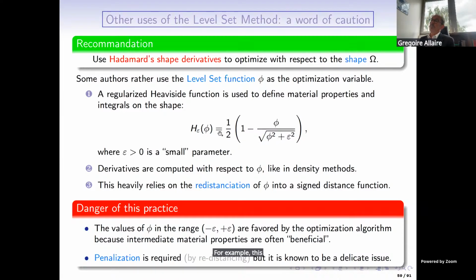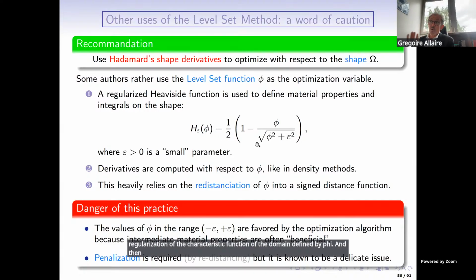And so with this definition, they introduce a regularization of the characteristic function of the domain defined by phi. And then they say, well, I have coefficients in my PDE that depend on phi, and let me do the optimization with respect to phi. So they use phi as the optimization variable, a little bit like a density variable, and they do not use the notion of Hadamard shape derivative.